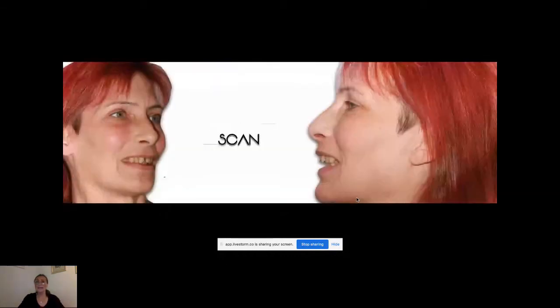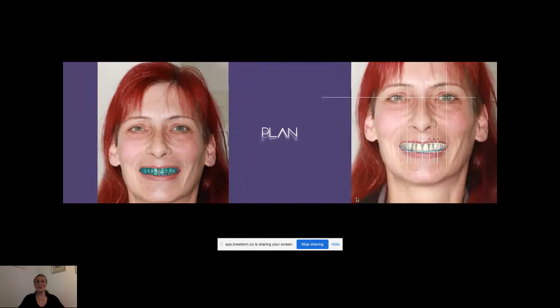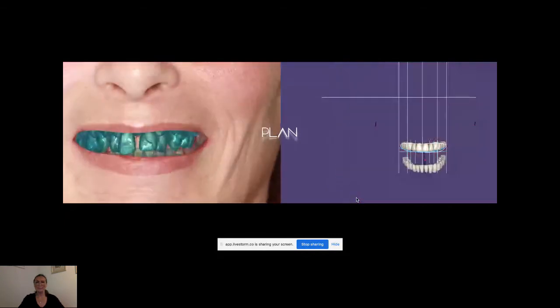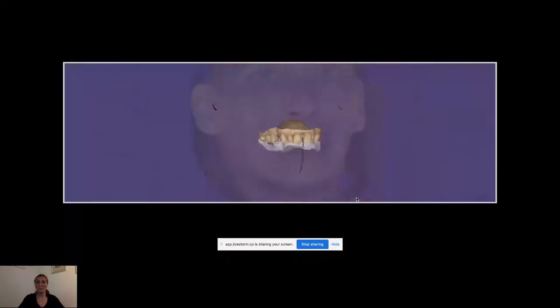Now, this case, for example, is not even very old. We started with the scanning, acquiring all the digital data, with digital planning in the same technology as the 3D smile. We also plan the implants one by one, with an immediate placement and immediate loading procedure.